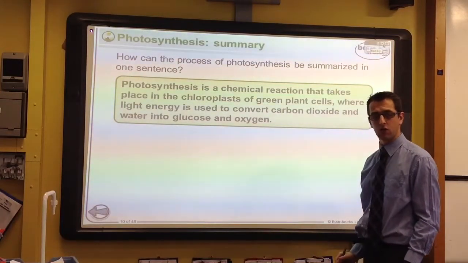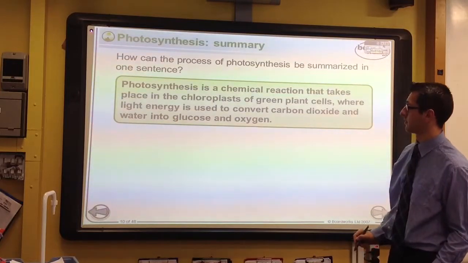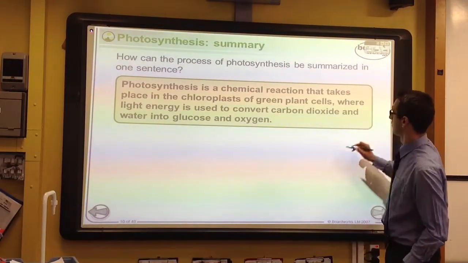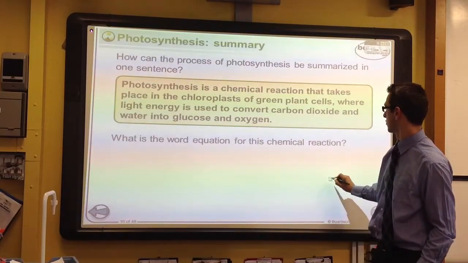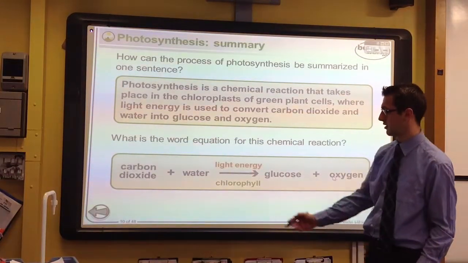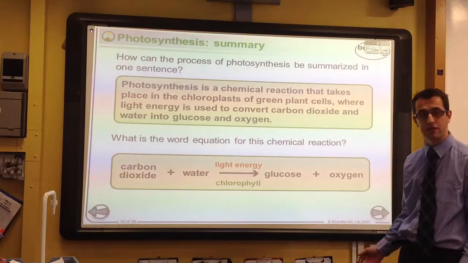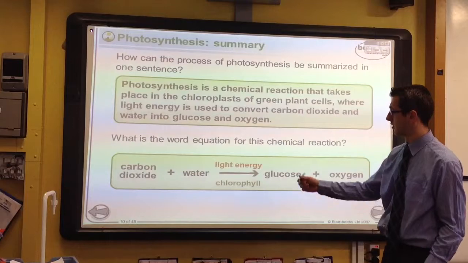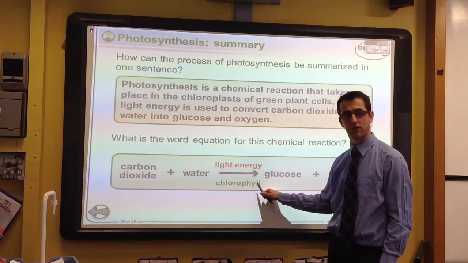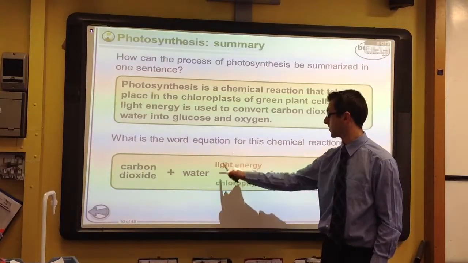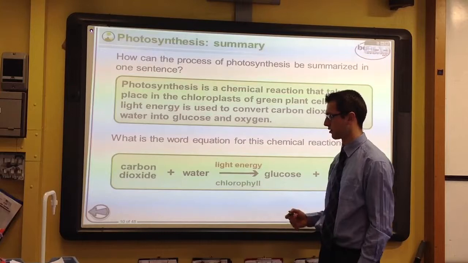It is in the chloroplast where this reaction occurs, not in the nucleus or anything like that, and it's to convert the carbon dioxide and water into glucose and oxygen. So a word equation of that chemical reaction is as follows. You need to be able to write that out. On the arrow, we have chlorophyll being the essential light capturing component, and light energy is what's driving these chemical reactions with a whole series of enzymes.